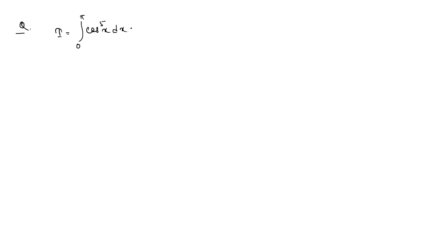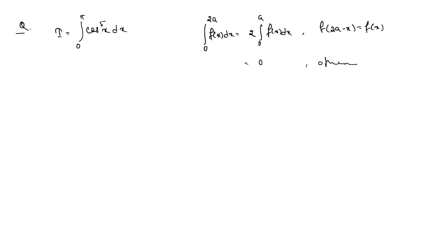Which property will apply here? Look at the property: the integration from 0 to 2a of f of x dx is 2 times the integration from 0 to a of f of x dx when f of 2a minus x equals f of x, and otherwise it is 0, right?